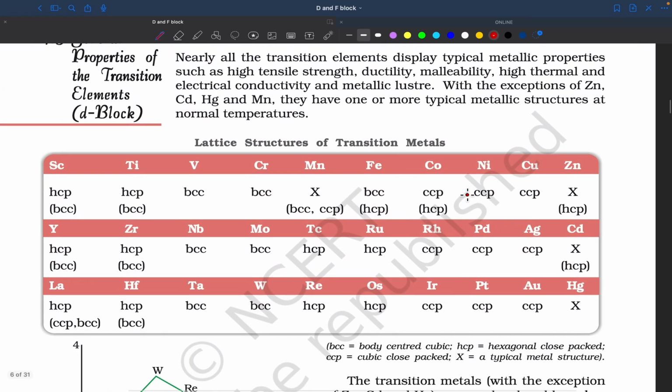Right? So here we are given some crystal lattice structures of the elements.